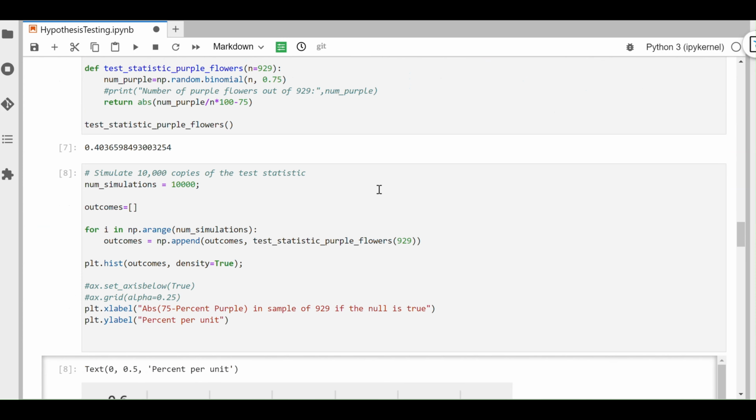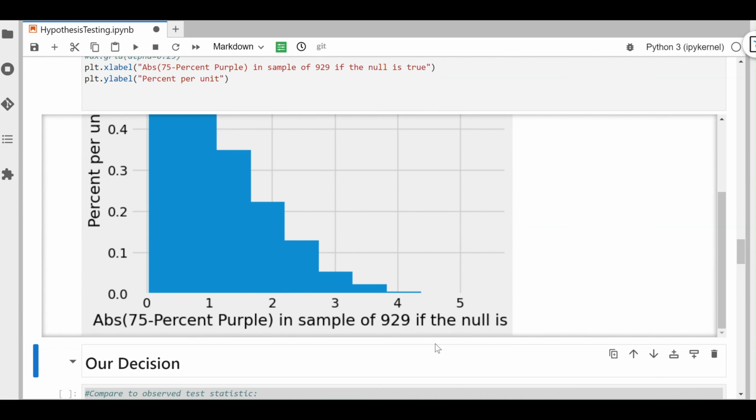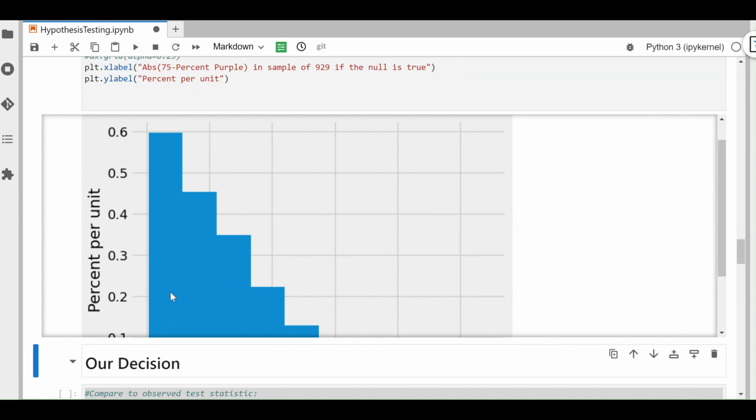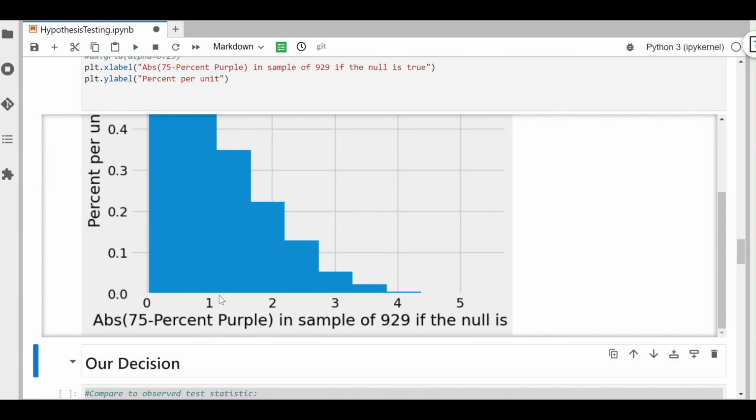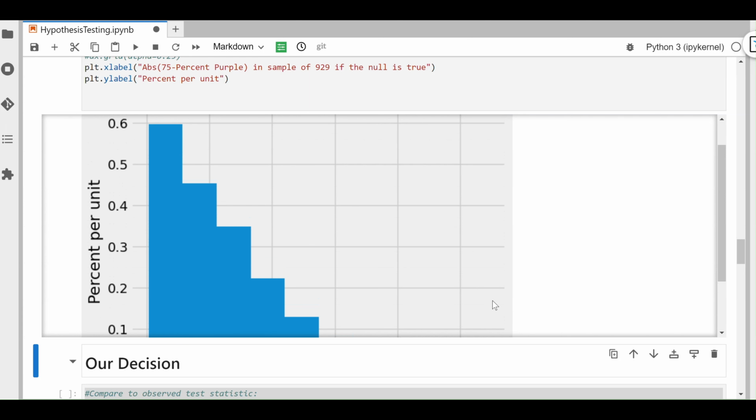So now if I simulate this and plot it, we know that all of my values are going to be positive because I have an absolute value, and we can see it's most likely to have something really close in percents, and then I can see how this distribution changes for different values of the percent difference. All right, so this is what we would expect under the null hypothesis, that there was a 75% chance of the flowers being purple.